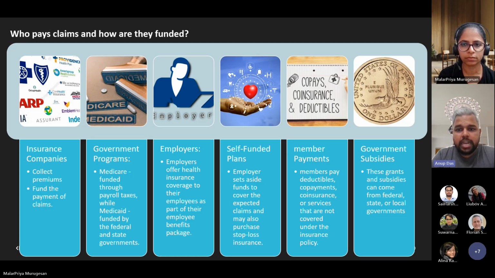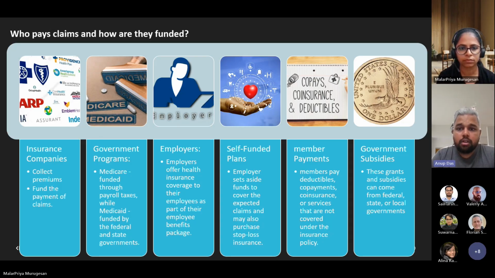So claims in the healthcare industry are typically paid by various entities, and the funding sources can vary depending on the specific healthcare system and insurance arrangement. Some common examples: obviously the payer or the insurance companies. They collect premiums from the providers or members, and they fund the payments of those claims.